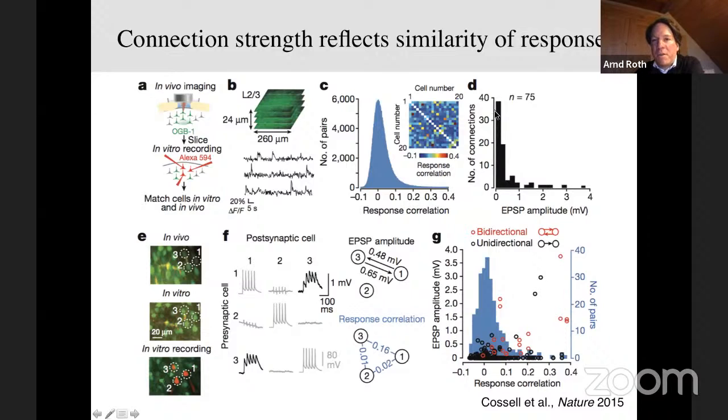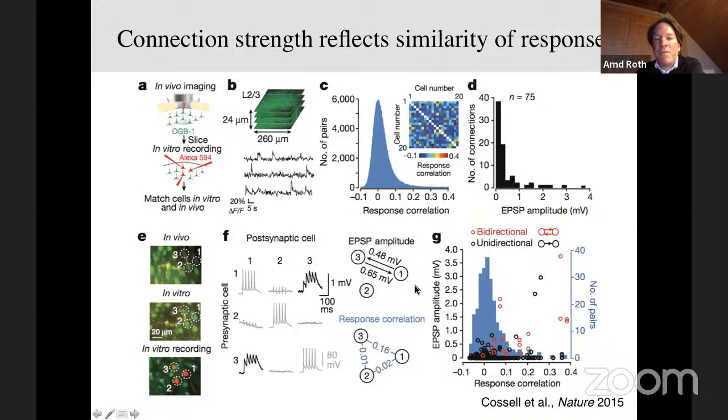And what they find is that, as was well known, there is a log normal distribution of synaptic weights, in terms of somatic EPSP amplitude that you get when you activate the presynaptic neuron and record the postsynaptic neuron. And they were then able to relate whether a synapse was strong or weak to how similar their responses were in vivo, or how similar their tuning was to visual features.